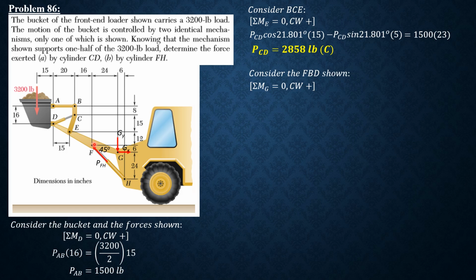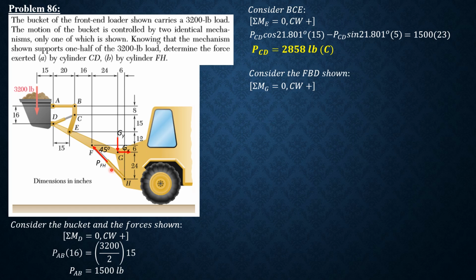So vertical component is clockwise. Horizontal component leftward is counterclockwise. So it's minus, then equals counterclockwise moment 3,200 over 2 times moment arm up to G, which is equal to 24 plus 16 plus 20 plus 15.